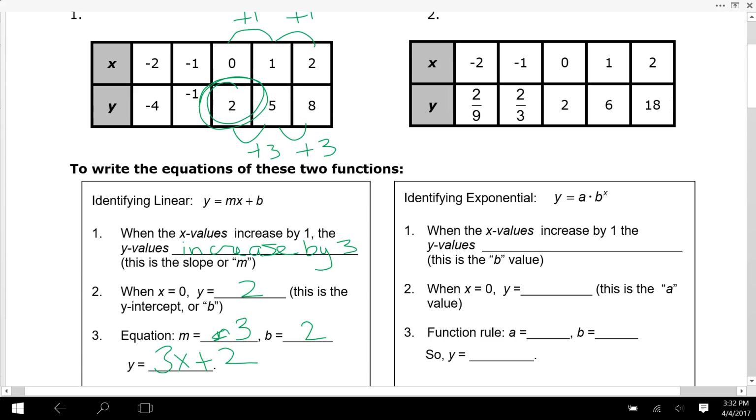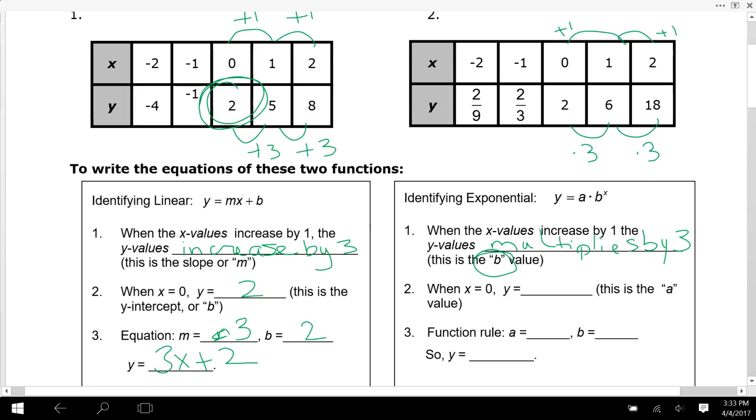Okay, so when we look at exponential, my x values are increasing by 1 again, but my y values are increasing by times 3. So I have times 3, times 3, right? So everything's increasing times 3. When the x value increases by 1, the y value multiplies by 3.